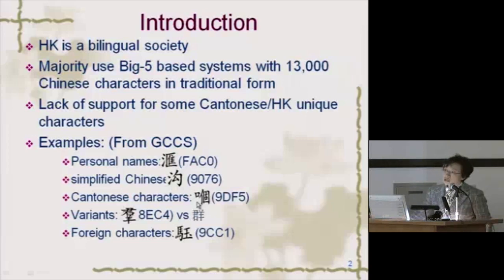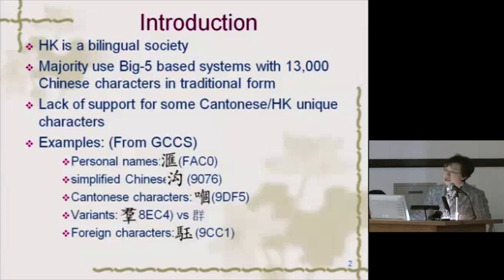There are also Cantonese unique characters, phonetic in nature. And we all know there are Chinese character variants, which can be written with a different position of components. This happens to be one of them, which was not supported in Hong Kong, but was used somehow by people in Hong Kong. And there are also foreign characters.